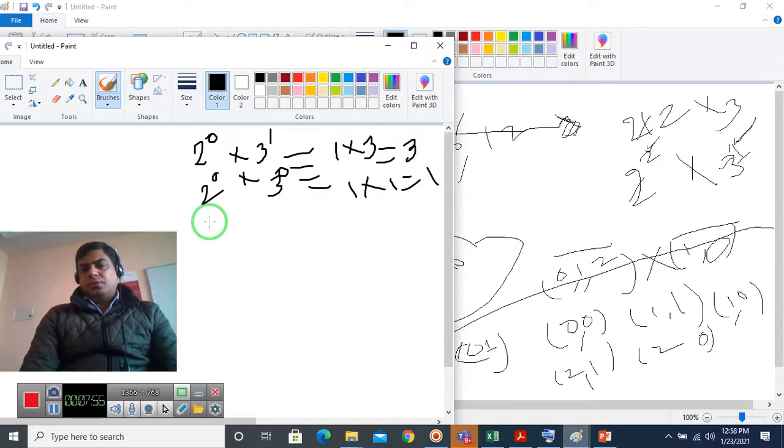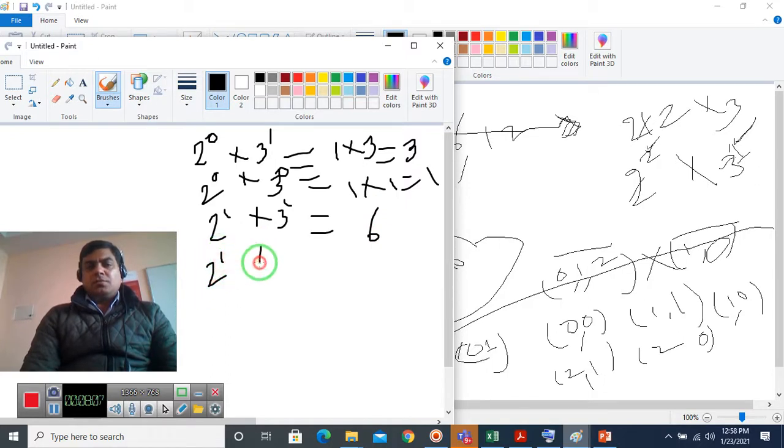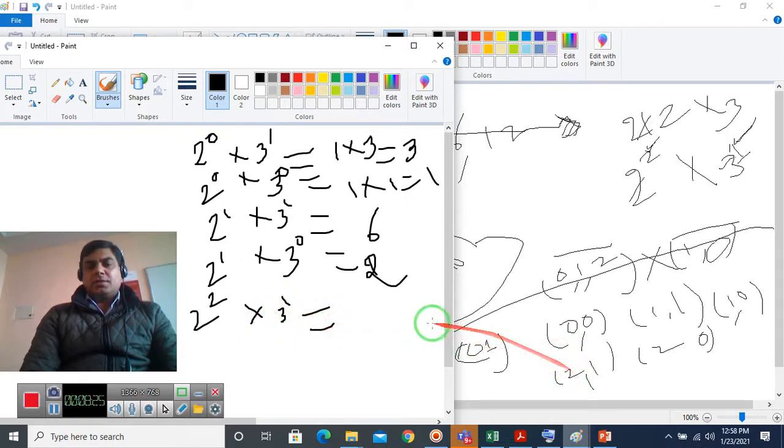Now again 2 to the power 1 and 3 to the power 1, that is 6. 2 to the power 1 and 3 to the power 0 becomes 2 only. 2 to the power 2 and 3 to the power 1 is 4 into 3, which is 12.